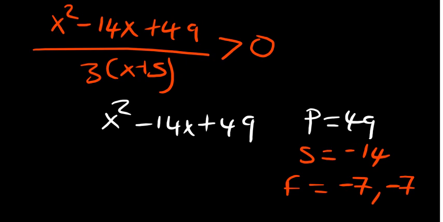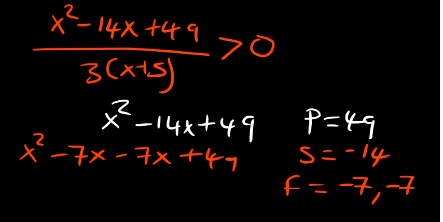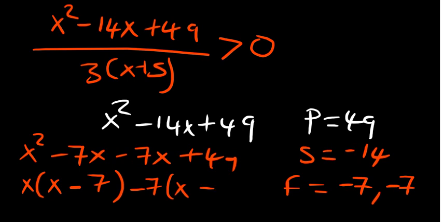So basically you have x squared minus 7x minus 7x plus 49. The highest factor there is x. So x minus 7. There it says minus 7. Negative 7. x plus what? 7.